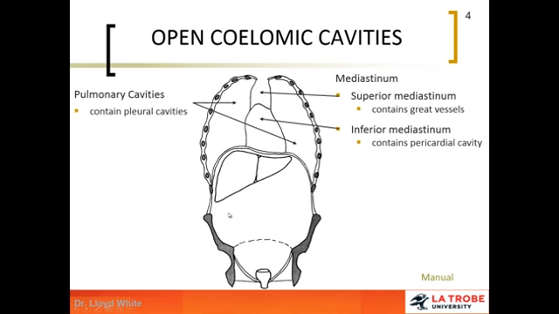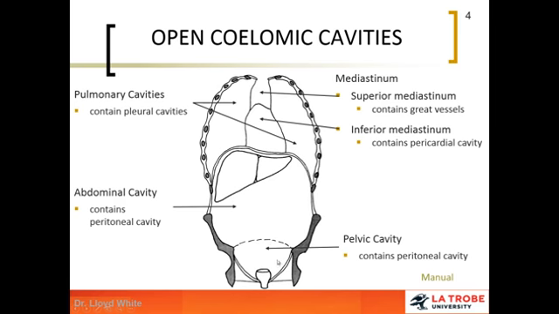Now in the abdominal cavity there will be another smaller cavity called the peritoneal cavity, and this will continue down into the pelvic cavity as well. It's important to realise that these sub-cavities within the major open cavities all develop using the same principles.